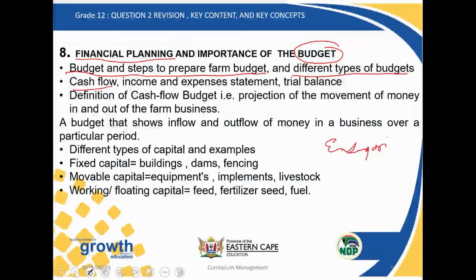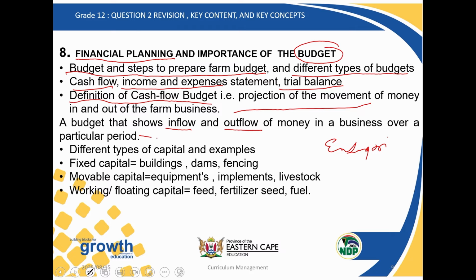We mentioned cash flow, we mentioned income and expenses statement, we mentioned trial balance. You must be able to define what is the cash flow, as well as the projection, and that's the movement of the money in and out of your agribusiness. So that is very important. A budget that shows the inflow and the outflow of money in a business over a particular period.